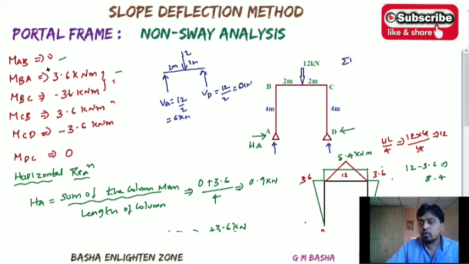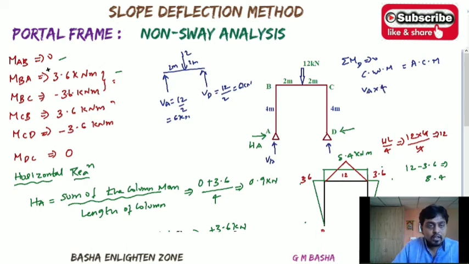You can do it manually also, like sigma MD equal to 0. VA into 4 acts clockwise, so I take clockwise moments on one side and anti-clockwise moments on the other side. Is there any clockwise moment acting here? There is a clockwise moment plus 3.6 and MCB will be minus 3.6.